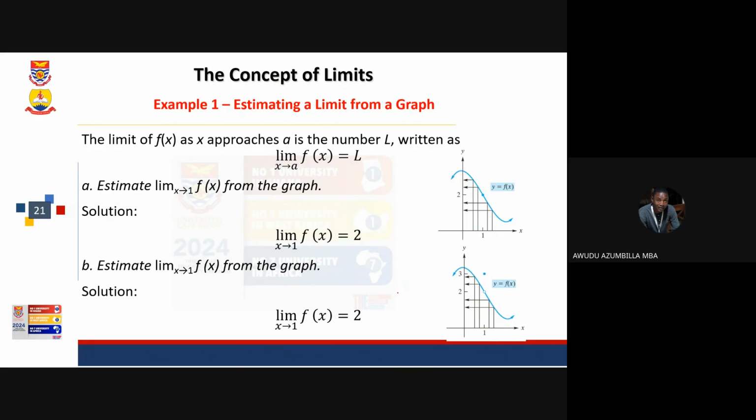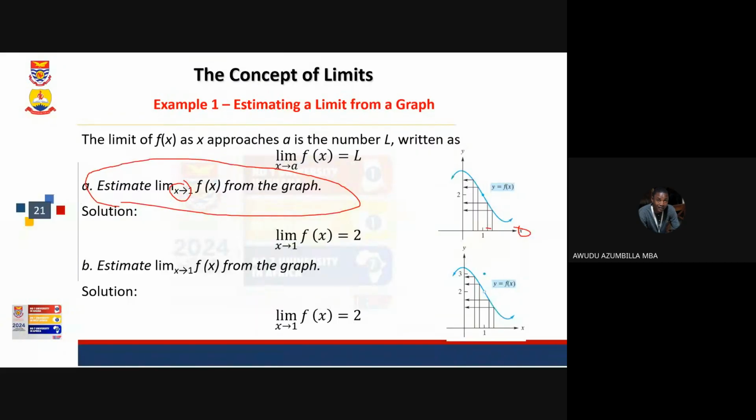Now, when you've been given a graph or an equation and you are asked to find the limit, it is not something we should worry ourselves about. Here for A, they are saying that we should estimate the limit as x equal to 1. So let's go to the graph. Then you look for where x is equal to 1.